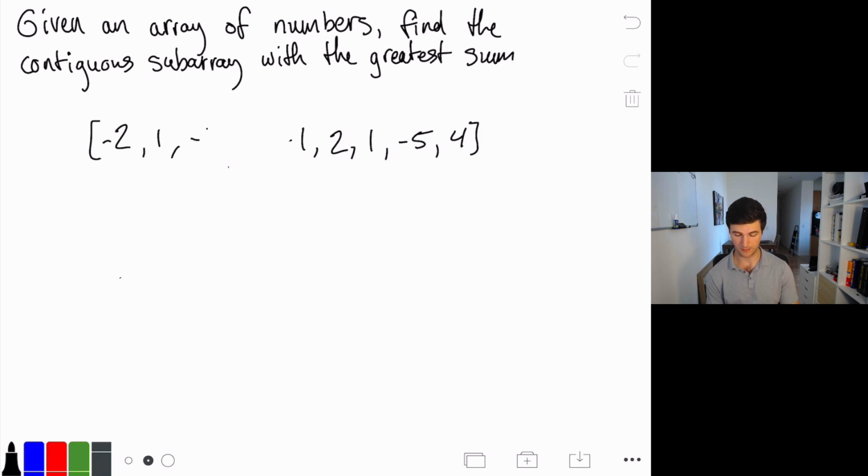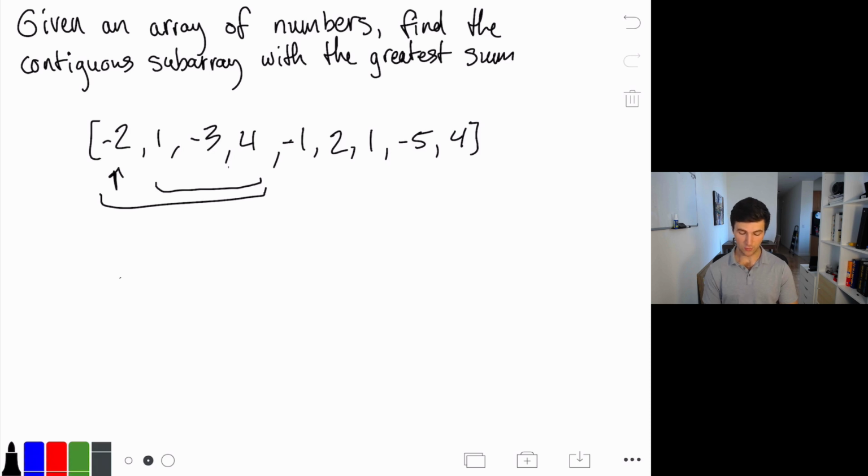So we have 2, -3, 4, -1, et cetera. Think about what it would mean if, for example, the first element was -2. Let's compare this subarray versus the one that doesn't include the -2.